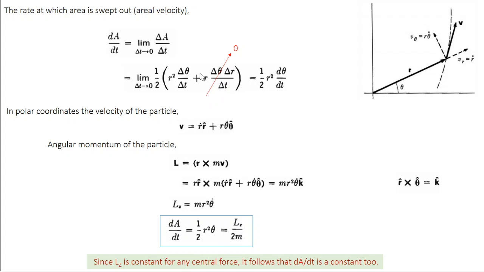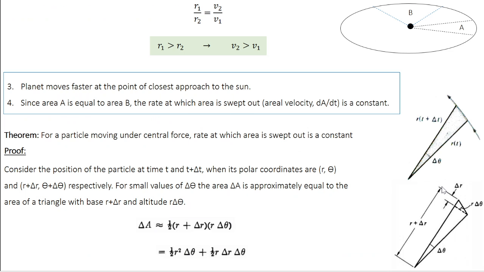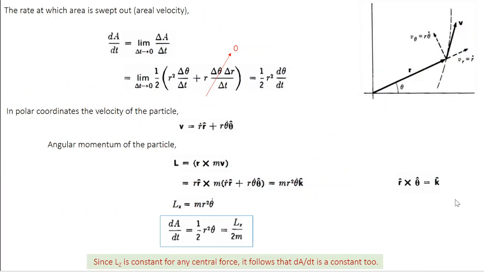Now look at the second term. The delta theta term is very small, and if you look at the figure once again, what is delta r? Delta r is nothing but this small distance, right? So when delta theta is very small, this small distance is going to be even smaller. So basically in this term, you have a product of two extremely small quantities, so this term is going to be even smaller.